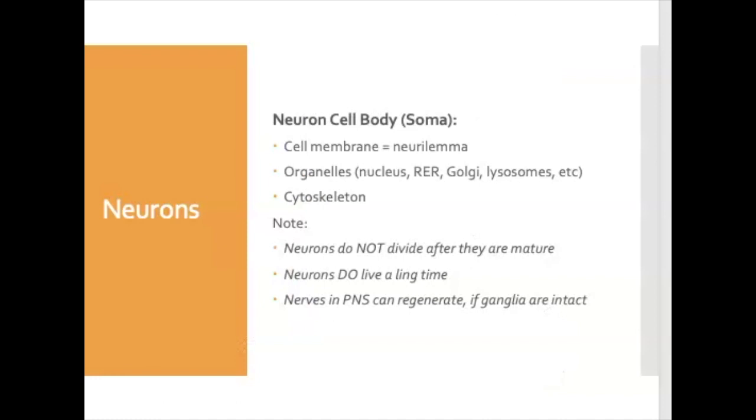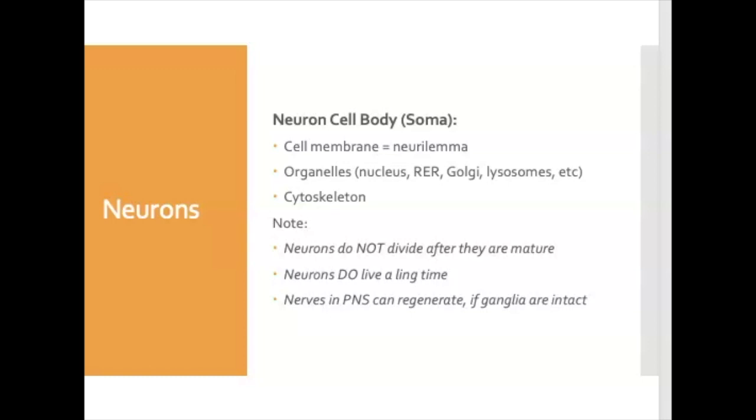Now, when we look at an individual neuron, when you look at the cell body or the soma, it looks similar to a lot of the other cells we've looked at this semester. There is a nucleus and other organelles in the cell body. There's a cytoskeleton in there and cytoplasm. The membrane around a neuron gets a special name.